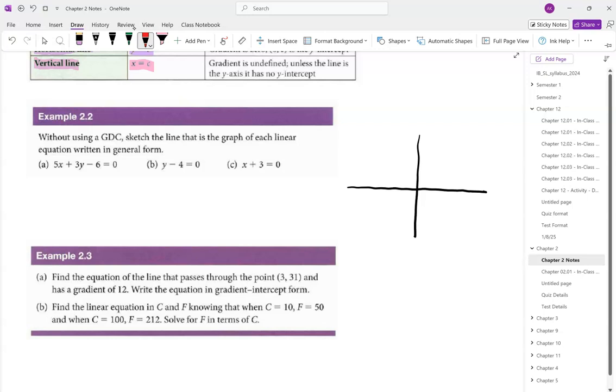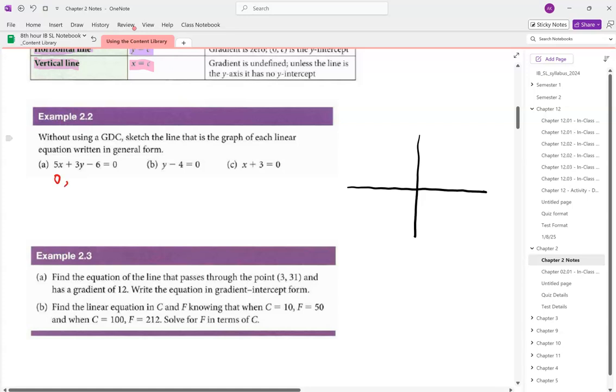I want points, right? How many points do I need? 2 at minimum. Which 2 points are going to be the easiest to get from general form typically? The x and y intercepts. Great. So if x equals 0, what does y have to be?